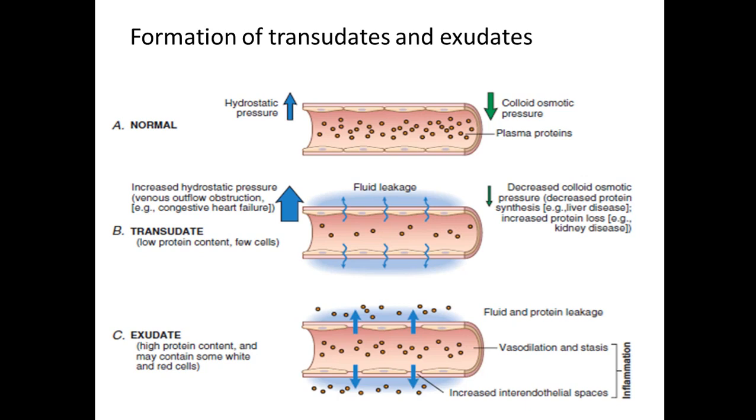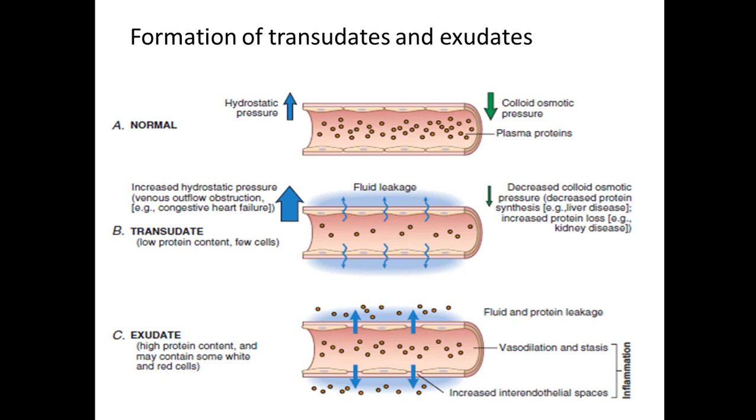But remember that this fluid that we call transudate has very small amounts of proteins and very small amounts of cells, because the endothelial wall of the blood vessel is not so permeable.